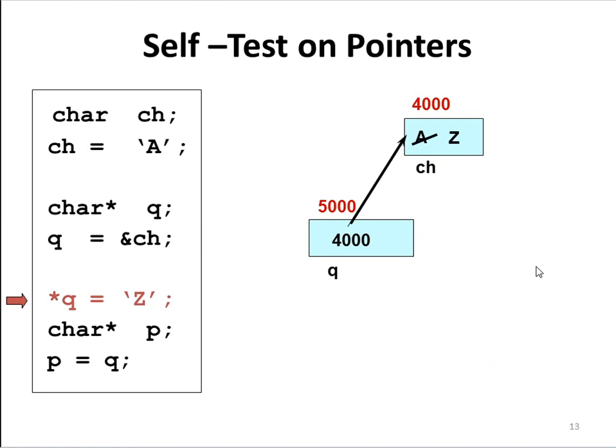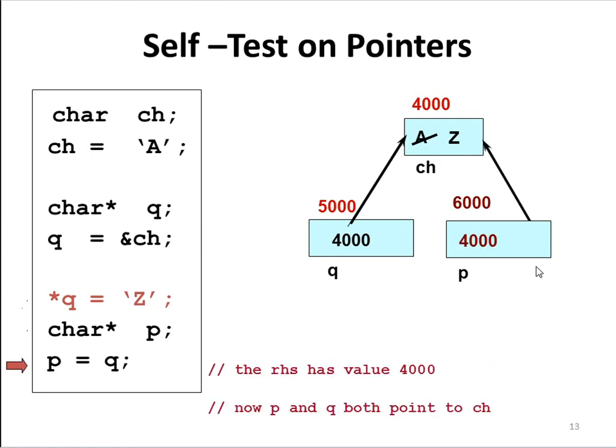Just see the animation. Character star p is one variable allocated in computer memory, and when we say p, it is pointing to the same variable, meaning we can say p and q are aliases of the ch variable.